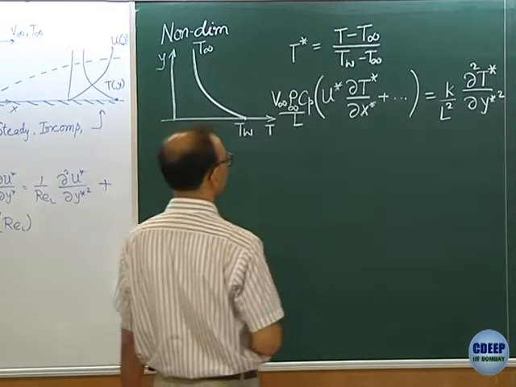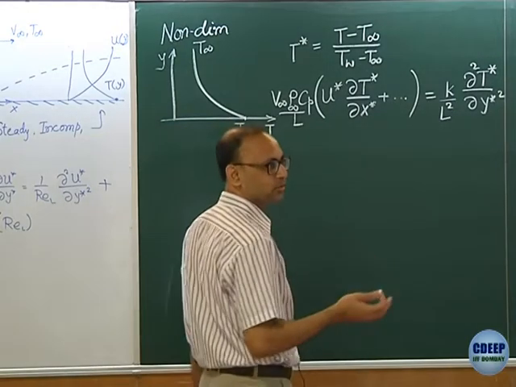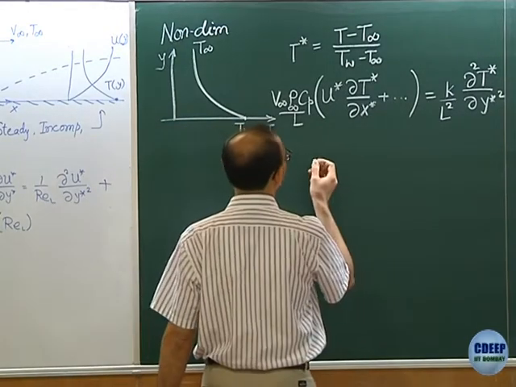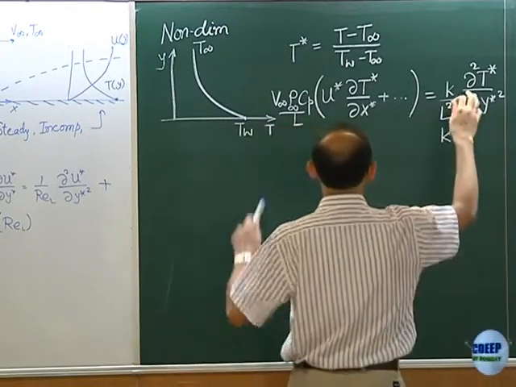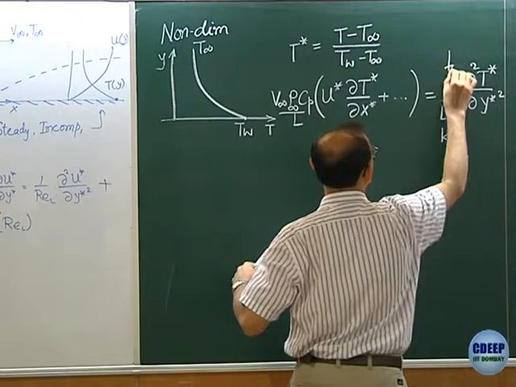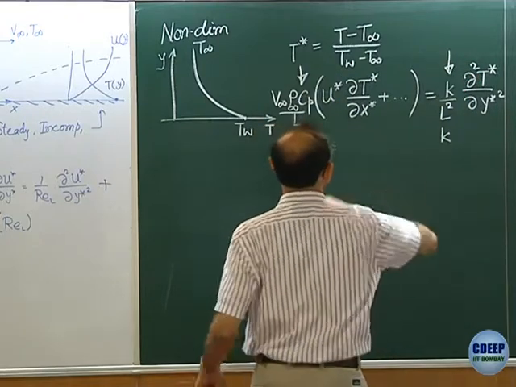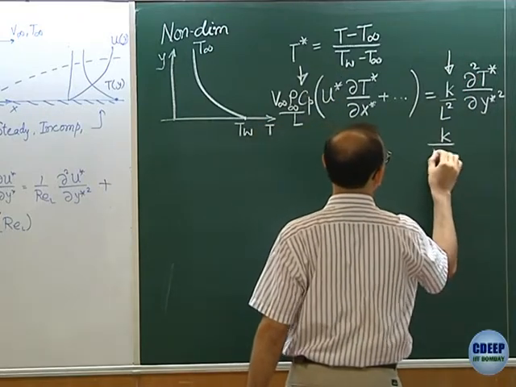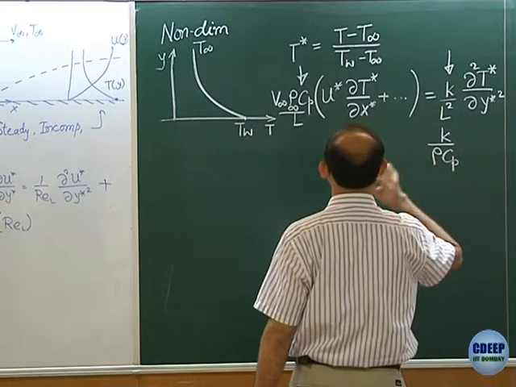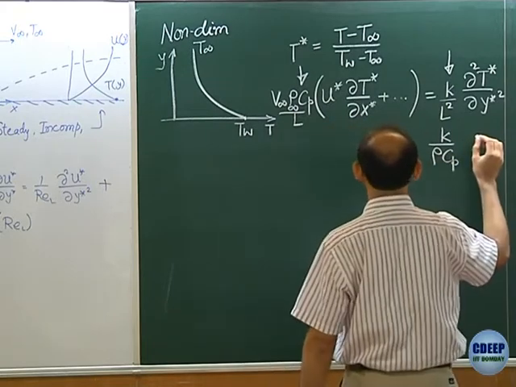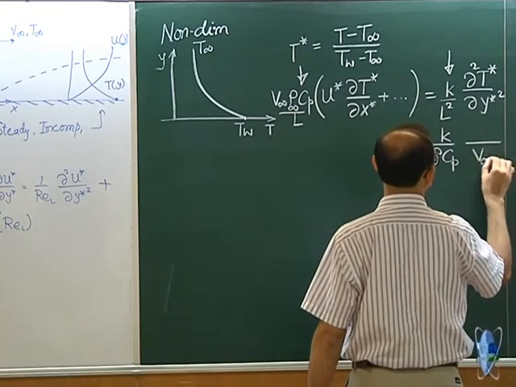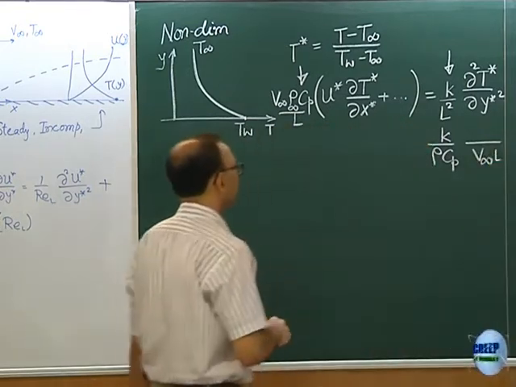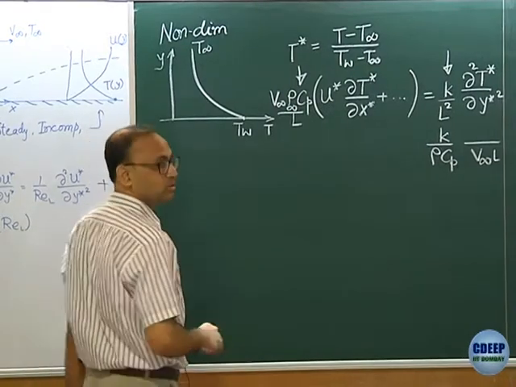Let me do a few manipulations in the meantime because I know the answer that I want to get to. I would say that, of course, I divide through, I take the ratio of these two terms, the coefficients on the two sides. I'm going to write this as rho K over rho Cp, and I'm going to write it as V infinity times L, trying to get to something which we know.